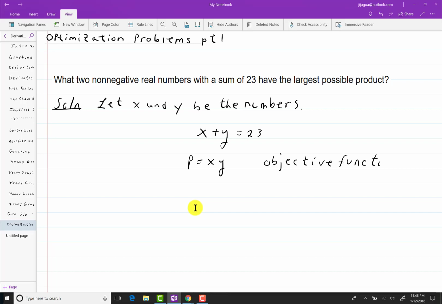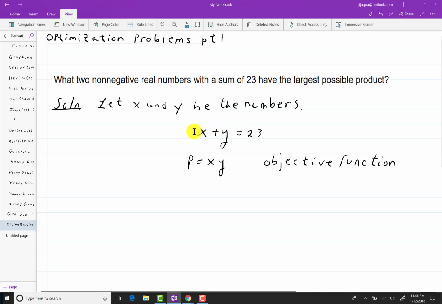Now, what you always want to do with the objective function is find the absolute maximum or absolute minimum of it, except you can't do it when it has two variables. You need to take two variables and find the connection between them to go to one variable. Look what I have here.